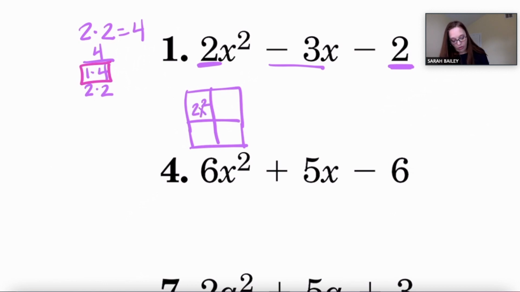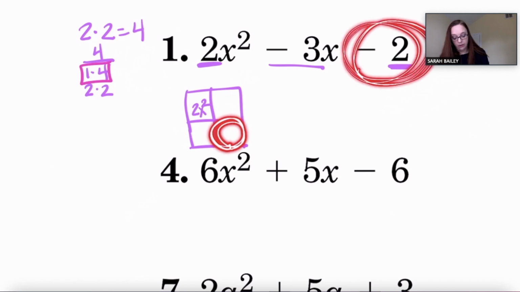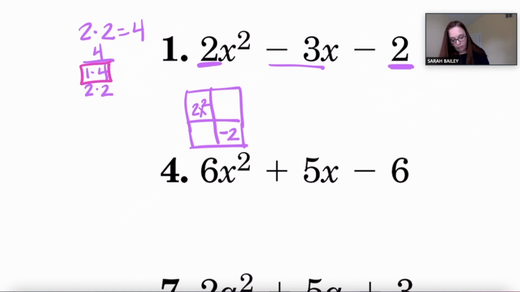And this box is where our constant term is, negative 2. What we did not know was what goes here and here. But we found that out. It's going to be a 1x and a 4x, except we want negative 3, so it should be 1x and negative 4x. And it doesn't matter if I put the 1x here and the negative 4x there, or if these two are switched places. That won't make a difference.